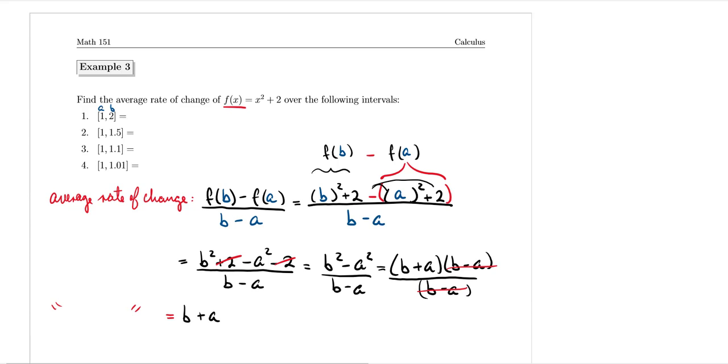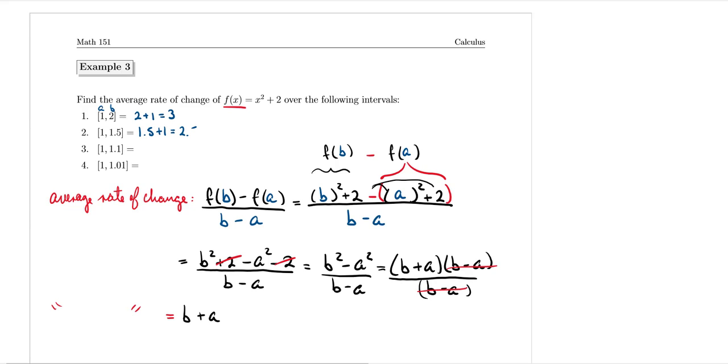So if we take a look at our first example, if we want to find out the average rate of change between 1 and 2, that's our b, that's our a, then b plus a is going to be 2 plus 1, so that's 3. Now the average rate of change between 1 and 1.5, well then that's going to be 1.5 plus 1.